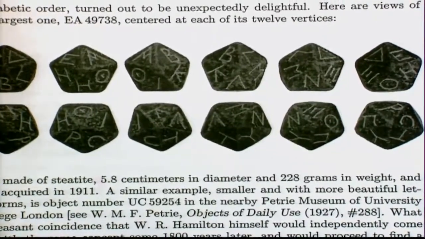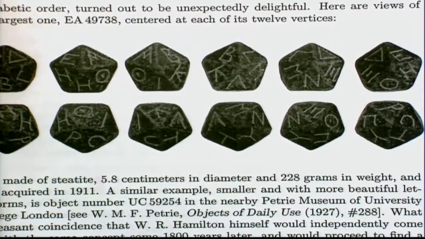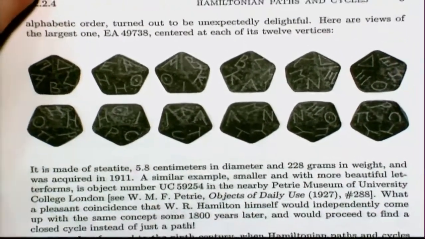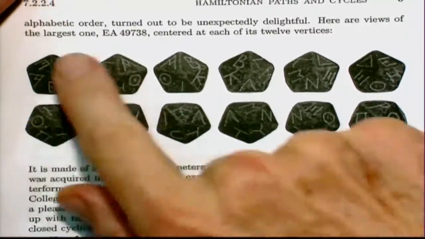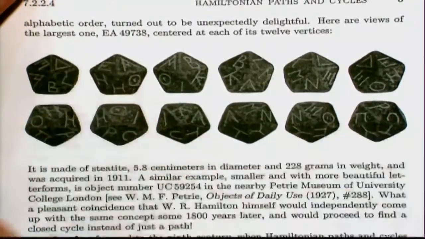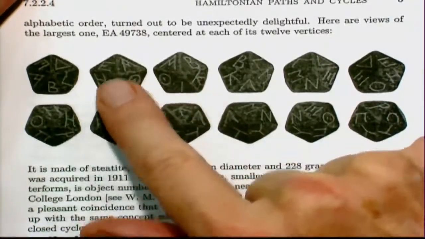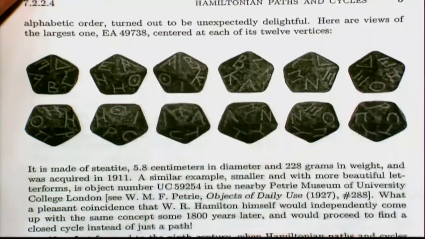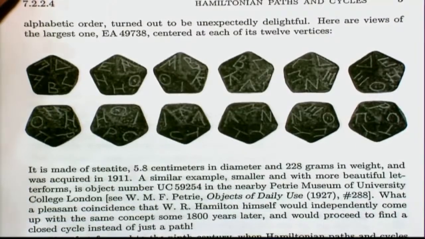So here I've done it from each of the 12 vertices. You can see the five letters around each one: alpha, beta, gamma, delta, epsilon, and the next one would be zeta, eta, theta, alpha, and so on.